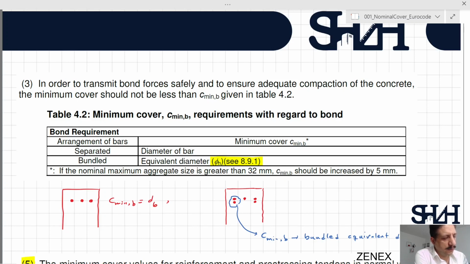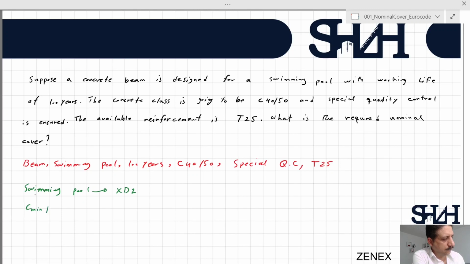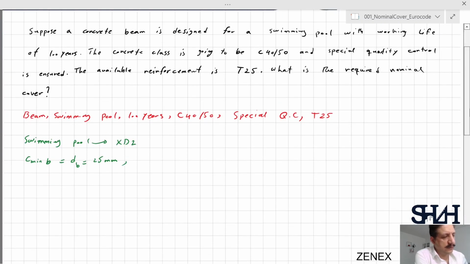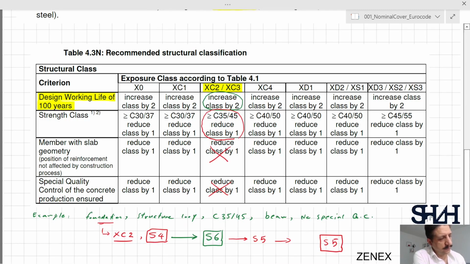So C minimum b is the diameter of the bar, which is 25 millimeter. Then we need to determine what is the structural class. So XD1, design working life is 100, so it is increased by 2. S4 plus 2 is S6. We are using C40/50, we can reduce by 1, so it is S5.